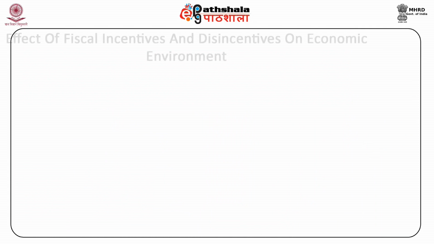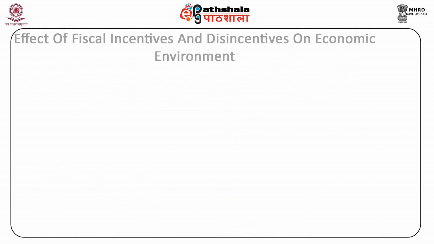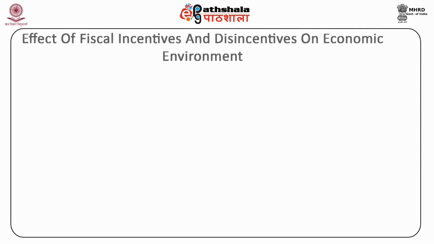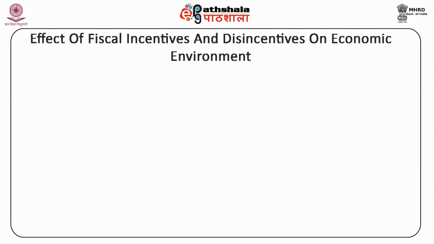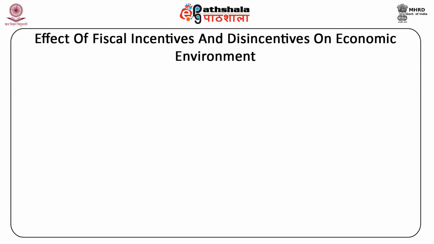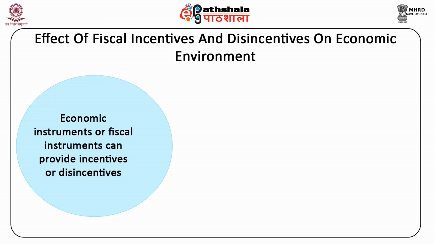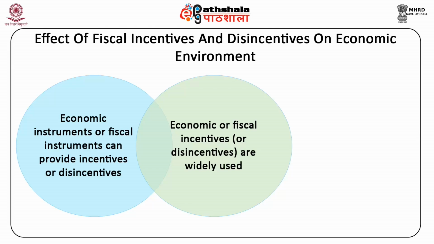We will now focus on the effect of fiscal incentives and disincentives on the economic environment. Economic or fiscal instruments can provide incentives or disincentives. Economic or fiscal incentives or disincentives are widely used policy instruments to realize a given sought-after result.